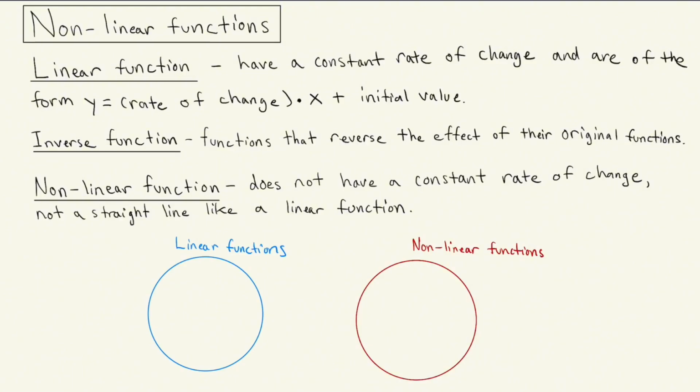So there's no overlap between these two in our Venn diagram because they're exact opposites of each other.